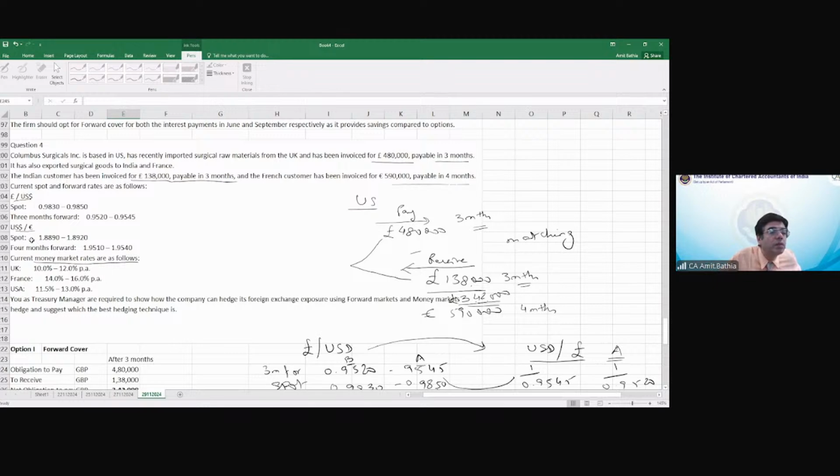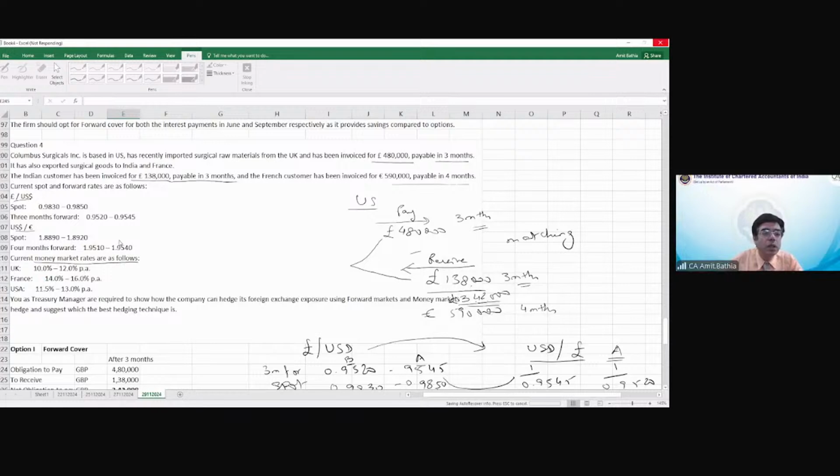What are the rates for US dollar to euro? Spot rate is 1.8890. Remember, euro is the base currency over here. 4 months forward is also given, and current money market rates are as follows. Now we are going to talk about France and USA. So my money market hedge will involve rates of interest from France and USA. All right, fair enough. Let's start.